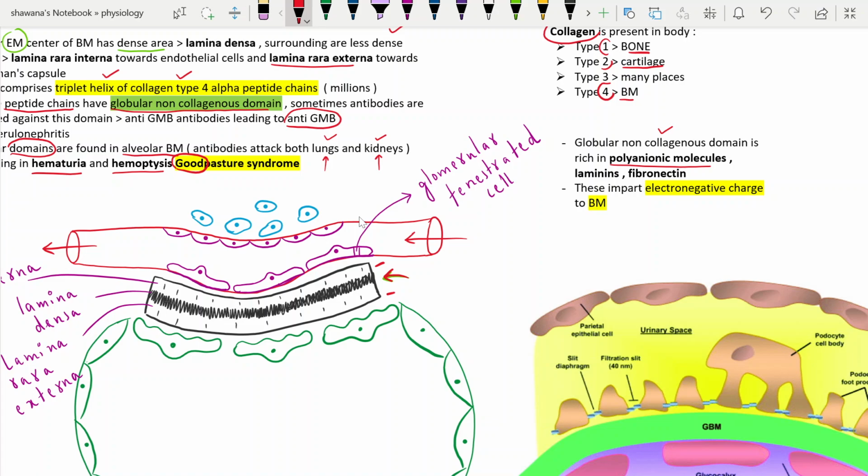We do not want them to be filtered into the filtrate, so they are negative, and the glomerular basement membrane should also have a negative charge. Like laminins and fibronectin, they impart electronegative charge to the basement membrane. Okay, the GBM, the glomerular basement membrane, should have the negative charge in order to repel the plasma proteins.